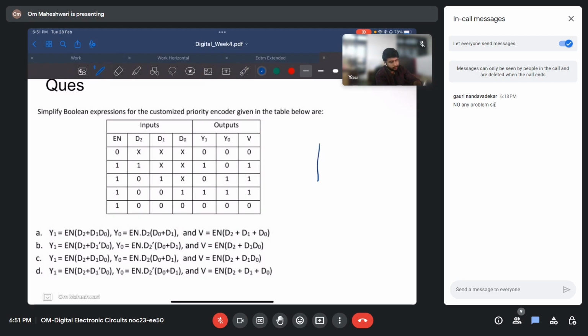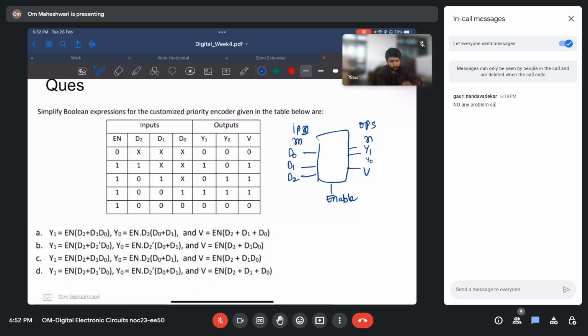An encoder has certain inputs, let's say M inputs, and some outputs and one enable. So in this case D0, D1, D2 are inputs, and Y1, Y0 and V are outputs.